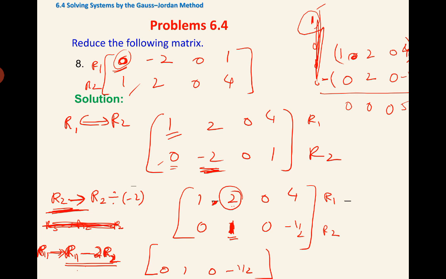So this is our new R1: 1, 0, 0, 5. Leading element is 1 and its column elements are zeros. The second row has a new leading element, its column elements are zeros, and there is no zero row. So this is a reduced matrix.